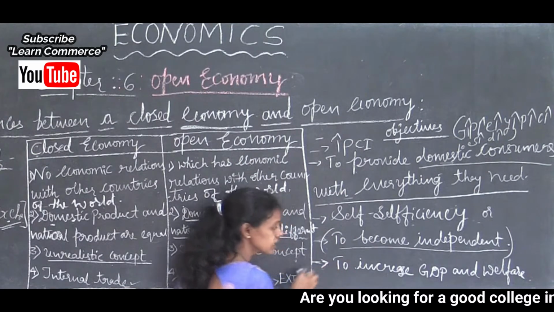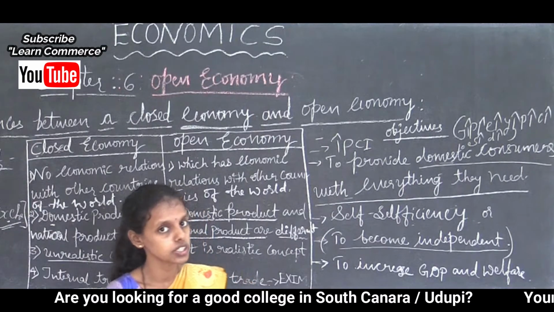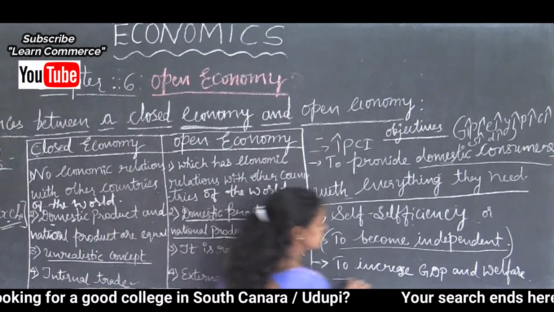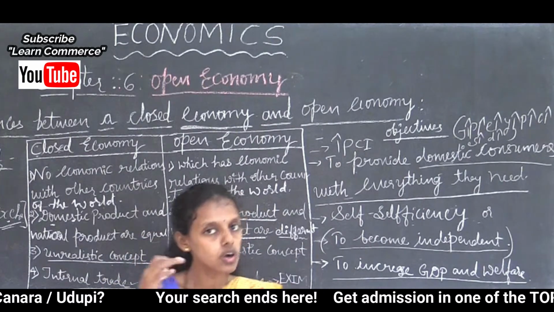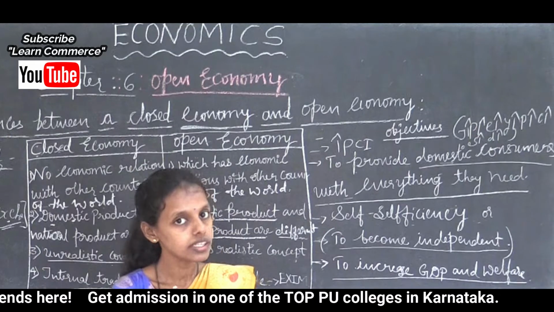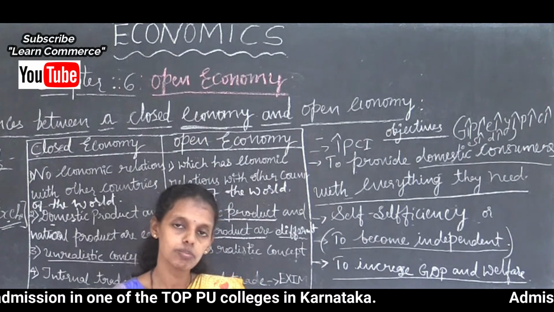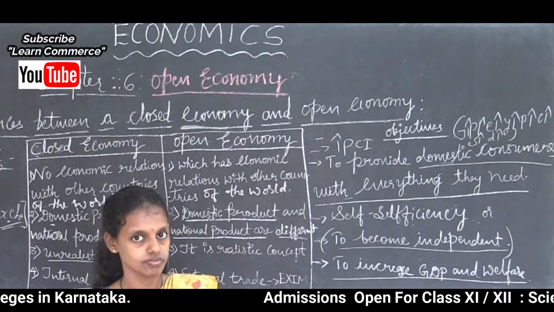So the main aim of a closed economic system, according to economists, is to increase GDP and welfare, that is, the gross domestic product of the country and the well-being of the people in the country as a whole.